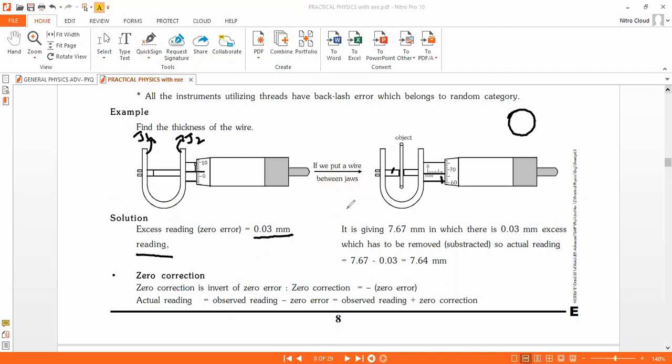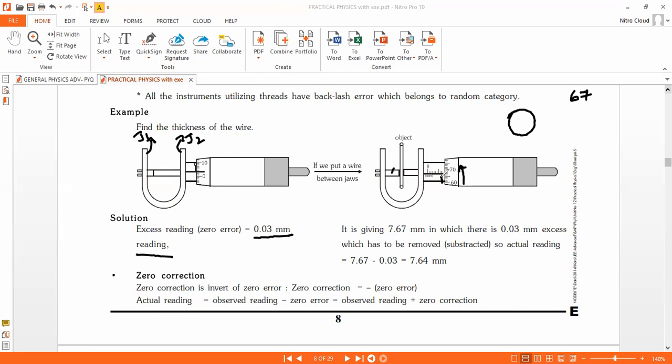Now, how to take the reading: it meets at 60, 61, 62. In the upward direction it is increasing. This horizontal line meets at 67. That is 67 first.